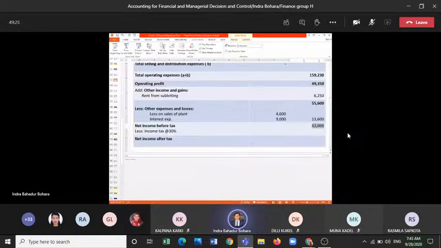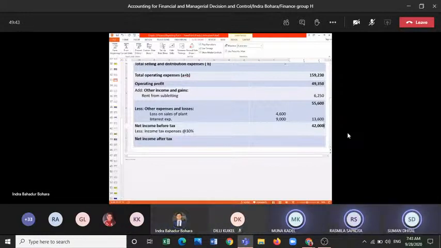Okay, income tax expense. It is 30% given, so 30% of 42,000 is 12,600. So net income after tax is 29,400.